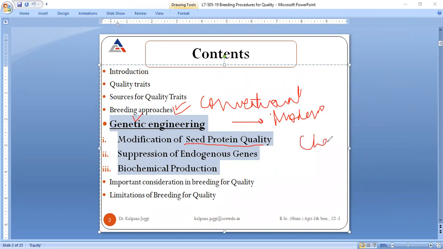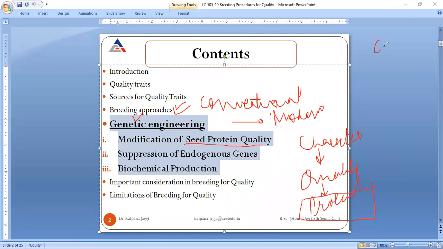We have a character, and this character is regulating a certain quality, and the quality we are talking about is protein quality, right? So how can the protein character be improved?